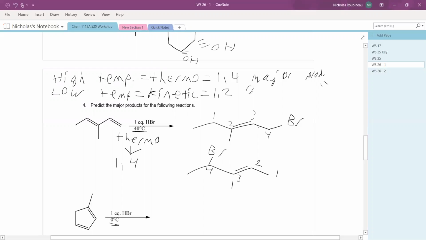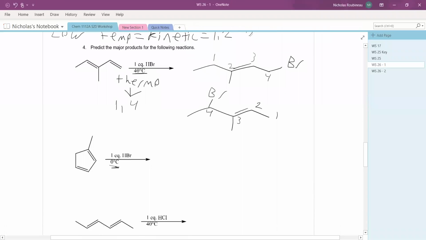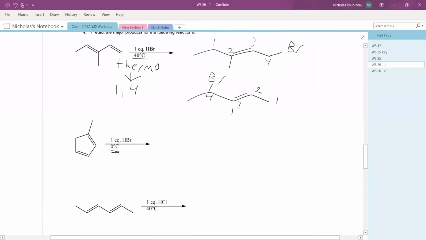So if you had to work backwards, maybe he could give a question like that, figure out which alkene reacted to form this 1,4 product, just number the carbon with the halogen as 4 and then go backwards. I'm completely guessing. I don't know if he's going to do that, but I thought of it, so maybe that's a potential question.